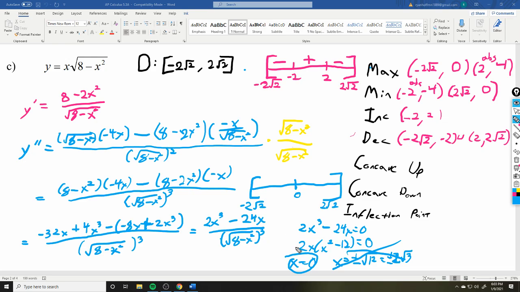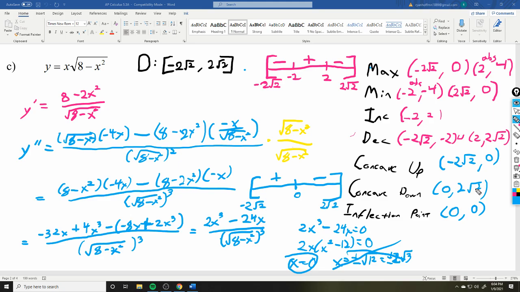And so I'm just interested in the 2x. So when I plug in a positive number, I have a positive times a negative, which is a negative. And then when I plug in a negative, I have a negative times a negative, which is a positive. So that means we're concave up from negative 2 root 2 to 0. We're concave down from 0 to 2 root 2. And our inflection point is at 0. Plug in 0, I get out 0.